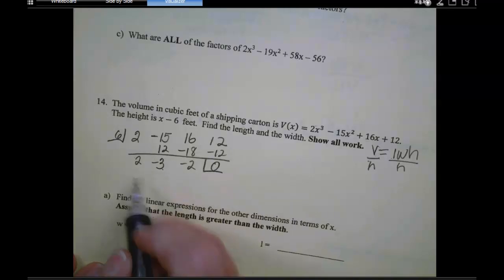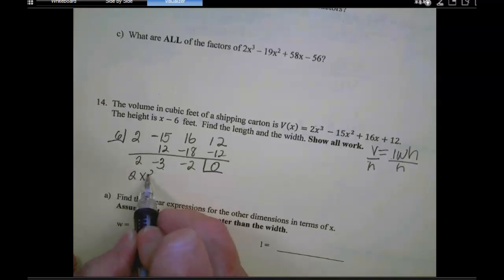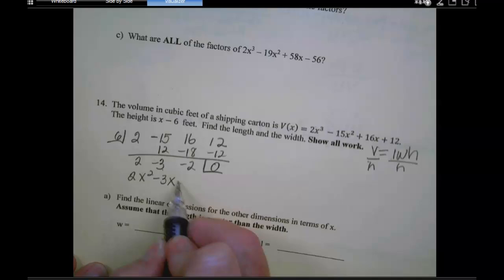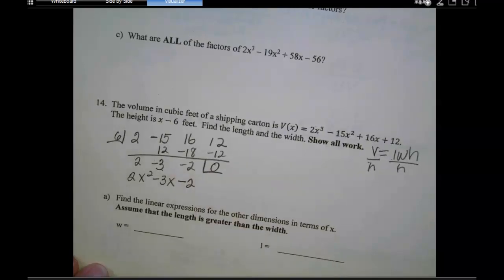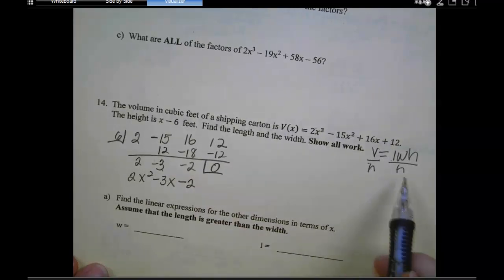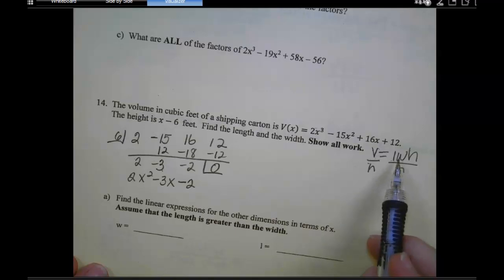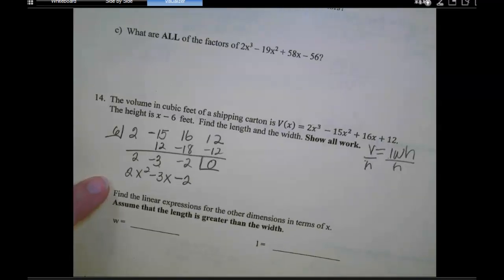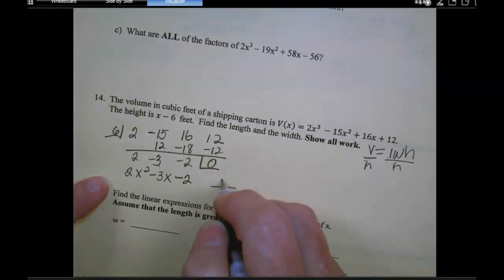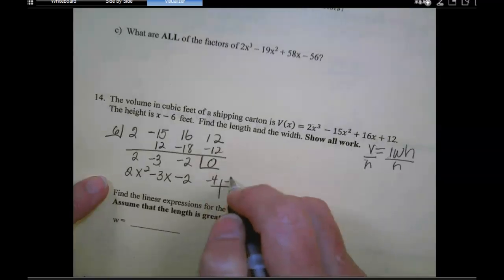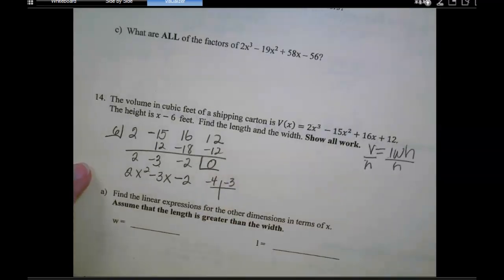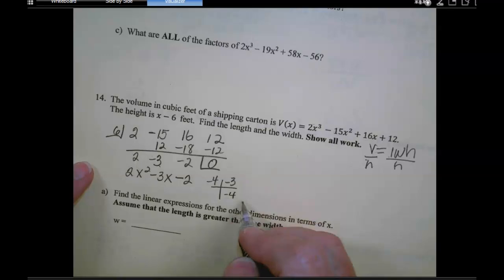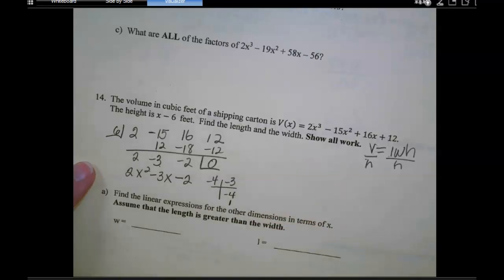So this right here is 2x squared minus 3x minus 2. And this is my length times width, correct? But I want the length and I want the width. So what am I going to have to do? All right, so if I factor, I have negative 4 and positive 1.